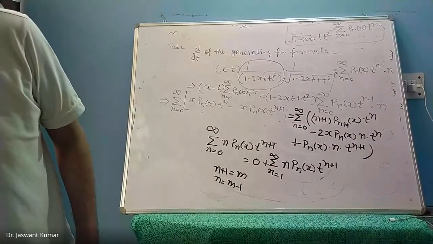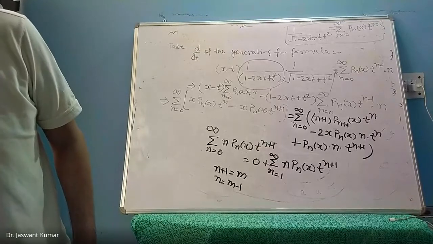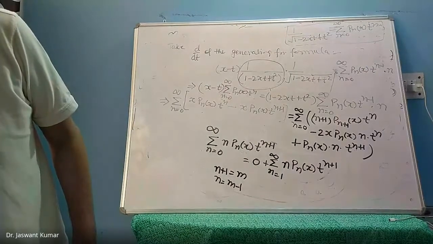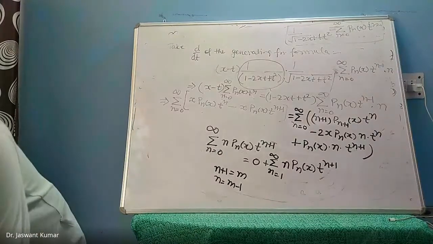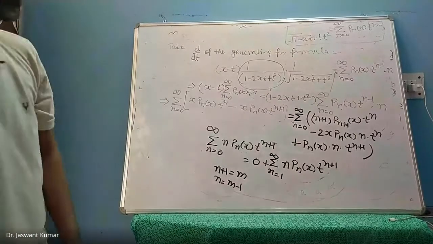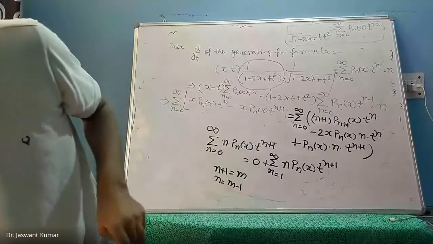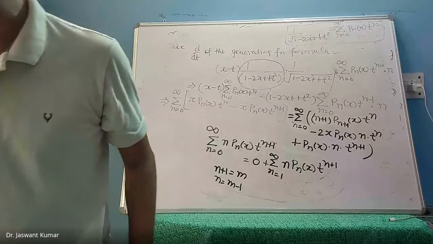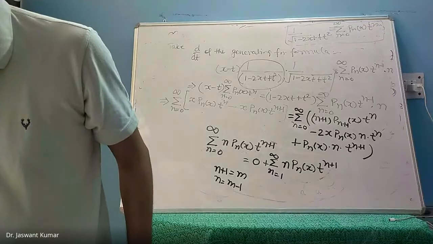Yes, this is correct. This is n plus x, right? Oops. The third term was n p n x t to the power n plus 1. This is correct.